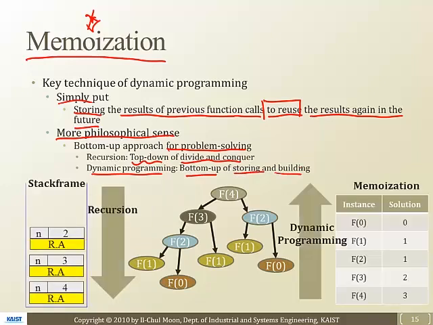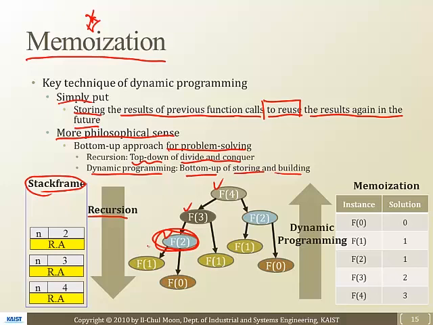So here, in the two cases, recursion has this stack frame, right? When we call F4, then we are going to call F3, and we are going to call F2, and so forth. After we call F4, we call F3, and F3 calls F2. So this stack frame indicates this stage, right?